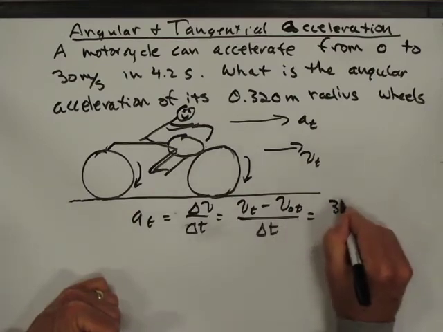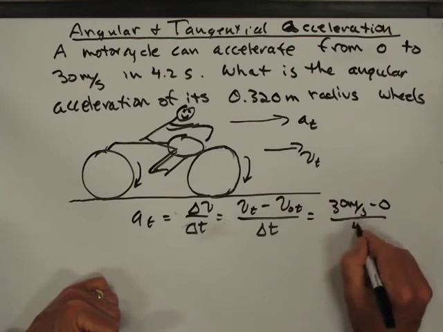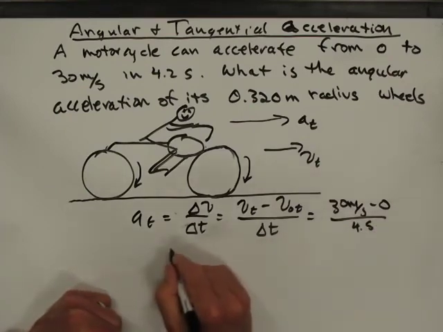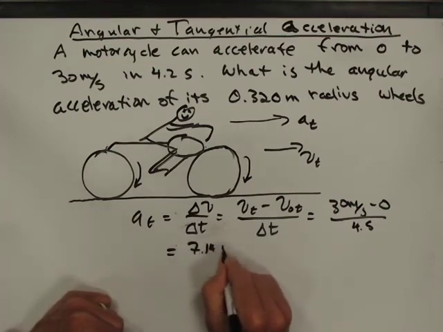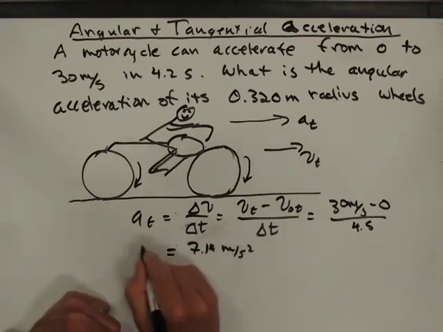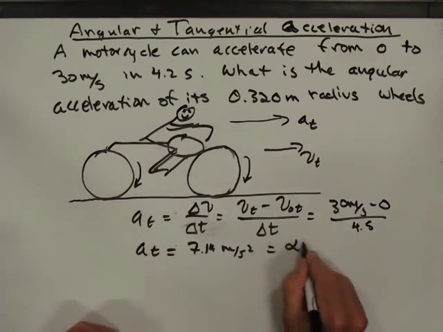And that's 30 meters per second minus 0 over 4.2 seconds. Right? And that's equal to about 7.14 meters per second squared. That's a tangential, right? And that's equal to alpha r, right?